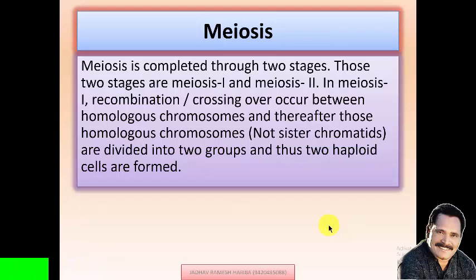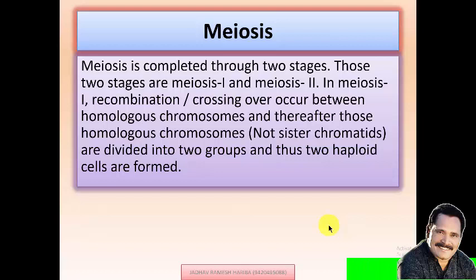In meiosis first, in prophase first, there is a recombination or crossing over between the homologous chromosomes.